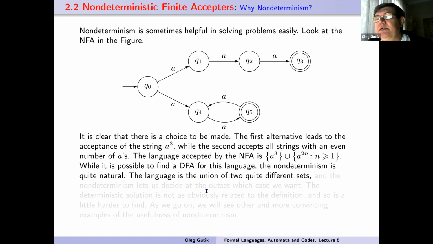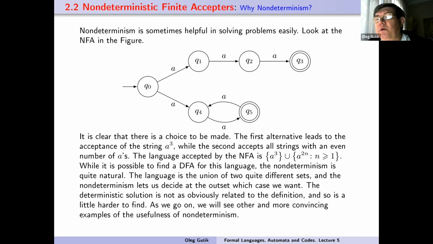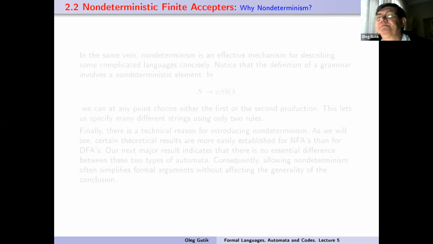The language is the union of two quite different sets, and non-determinism lets us decide at the outset which case we want. The deterministic solution is not as obviously related to the definition, and so is a little harder to find. As we go on, we shall see other and more convincing examples of the usefulness of non-determinism.